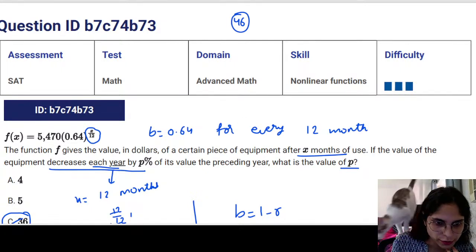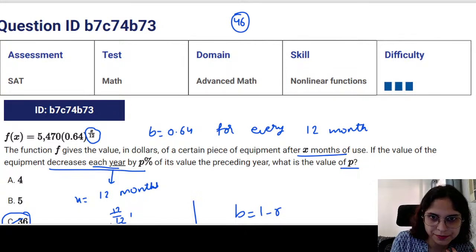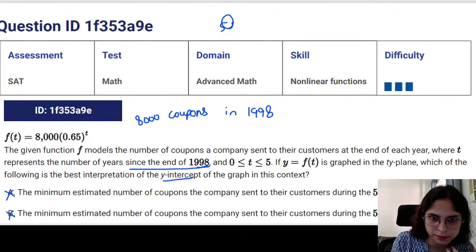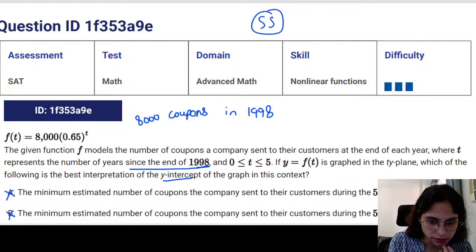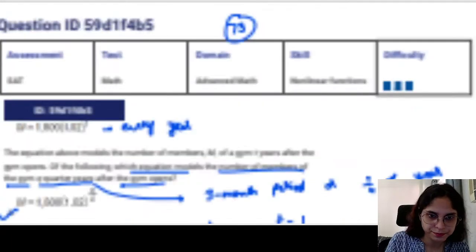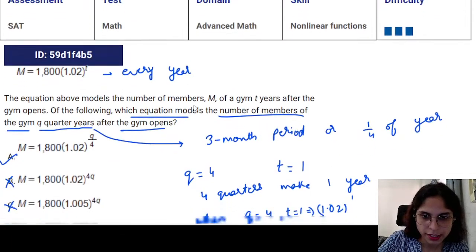No, this was not 46. This was not 55. I'm just trying to find that quarter question again because I've got a better way to explain it. I wasn't able to explain it in a very good way before. 73. Yep, over here.